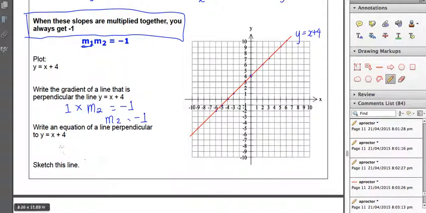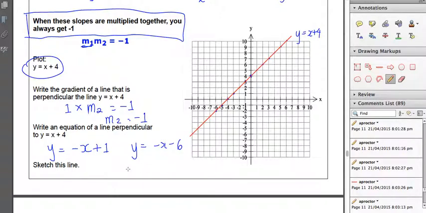Therefore, if I want to write an equation of a line that's perpendicular to y equals x plus 4, the gradient simply needs to be -1. Doesn't matter what the y-intercept is, because you'll notice it just says write an equation of a line. So as long as it's got this negative gradient here, then this will suffice. So if I've got, say, that's a line that's perpendicular, I could do another one.